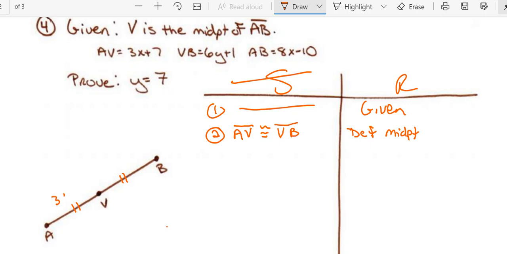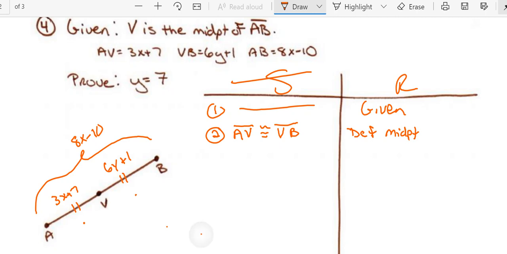This was 3x plus 7. This was 6y plus 1. And then this whole thing is 8x minus 10. All right, if your thought process is to say this plus this equals that, that would be wrong, because this has a y and this has an x.